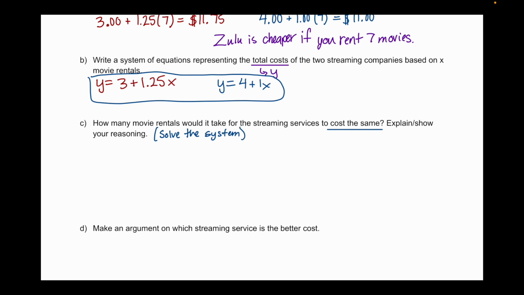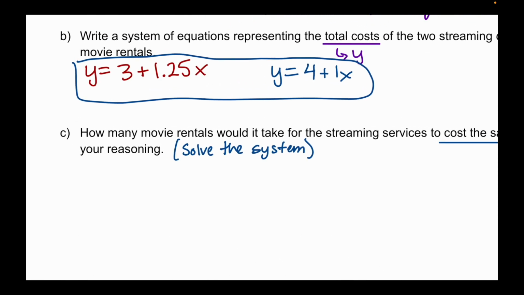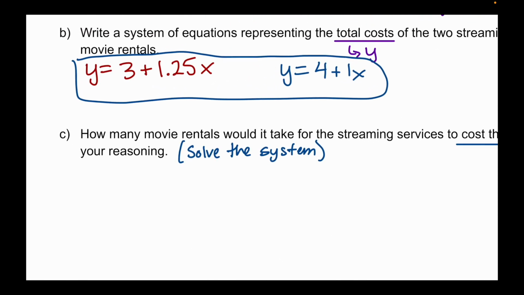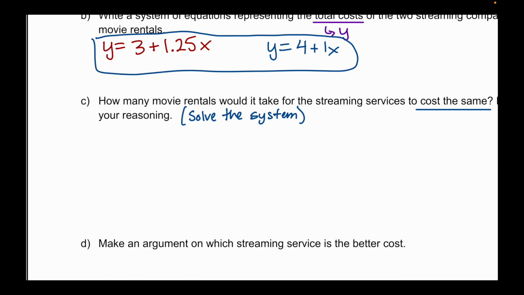So let's actually solve this. Since both of these are written in slope-intercept form, and the cost is y, we're going to use substitution. I think substitution is a little easier here.